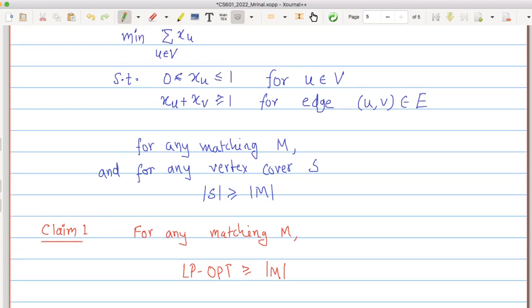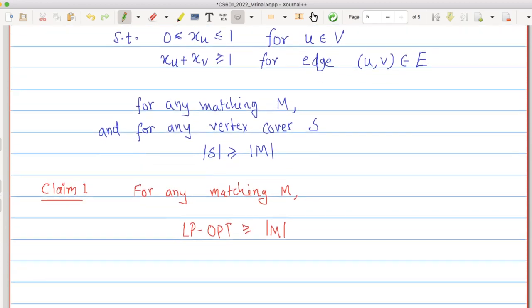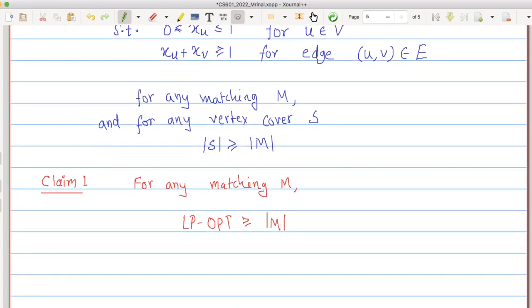So why is that true? Just consider a matching. Let's say these are the matching edges. You know that they don't share any of the endpoints, right? And now consider the LP constraints for only the edges in the matching. For any edge uv in the matching, you have this constraint that x_u plus x_v is greater than or equal to 1.